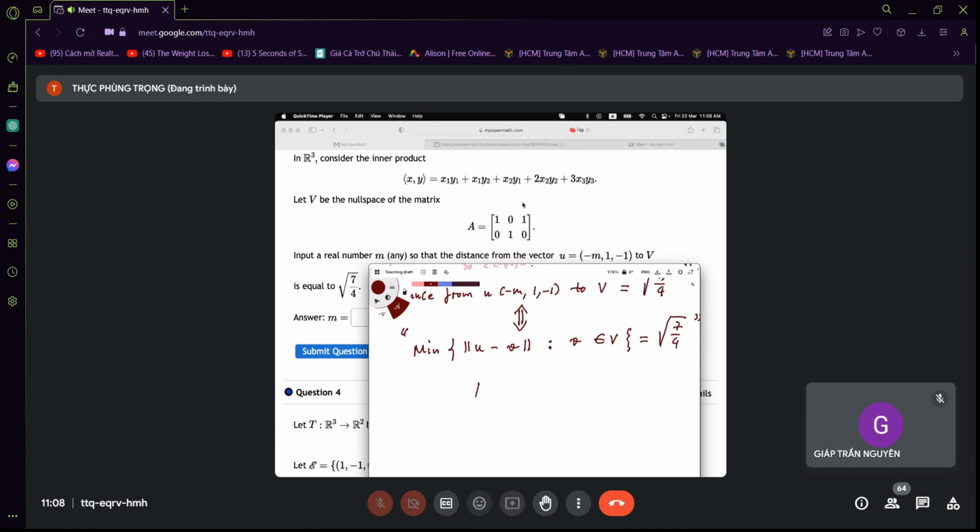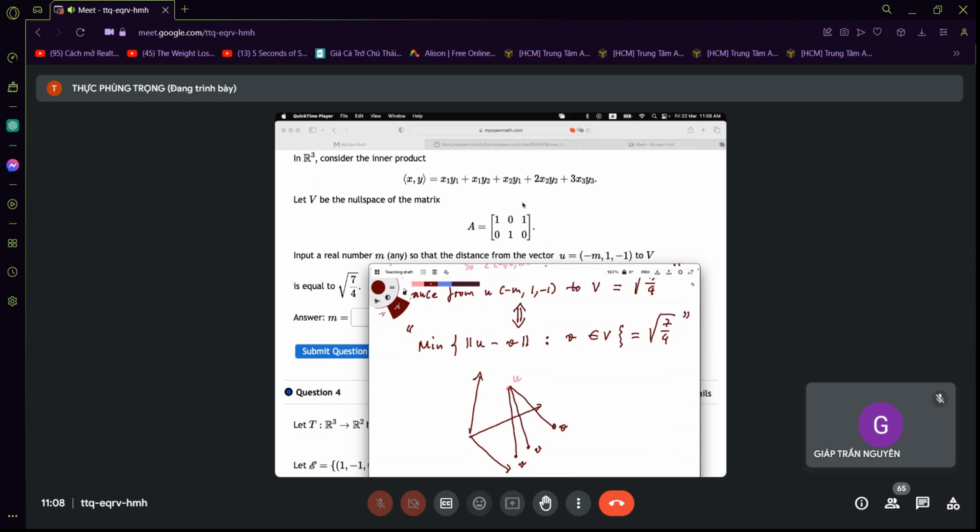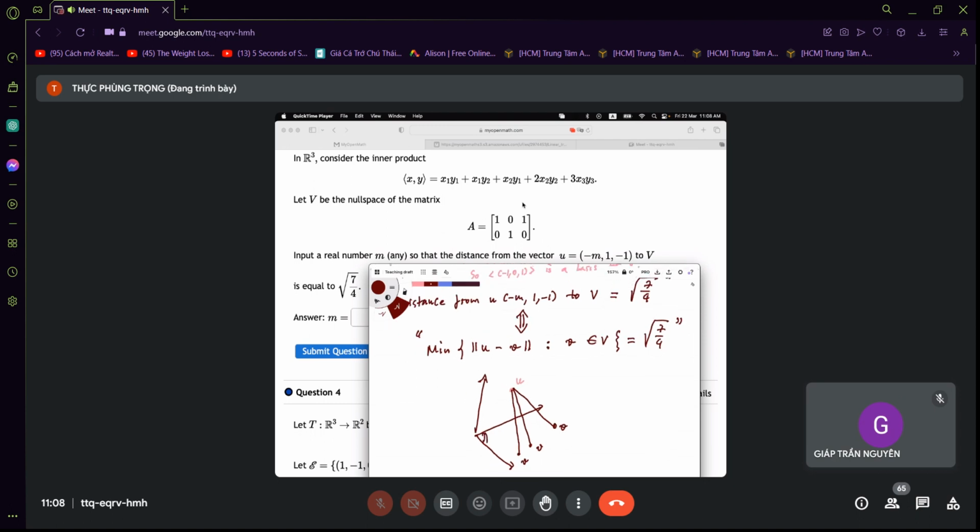Let's say this is u, right? And v can be any vector in here. So you have so many v, right? But remember that this is your subspace V. The one that minimizes this is the answer for the distance.